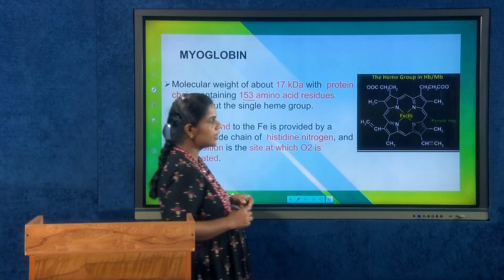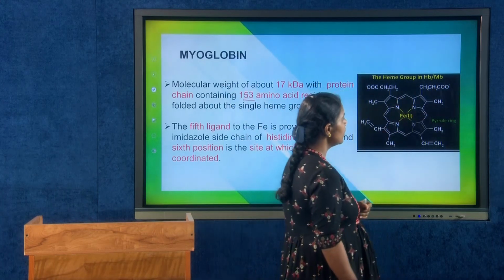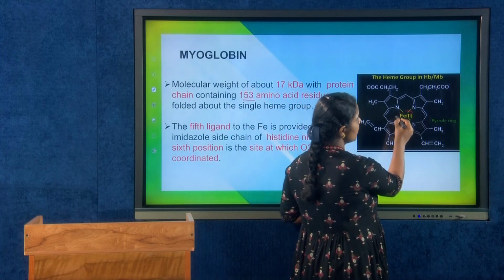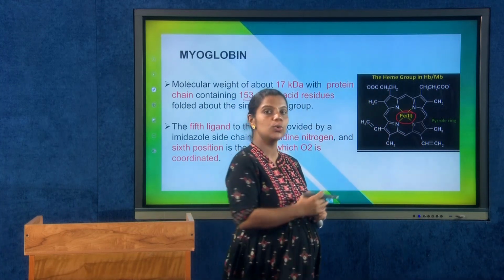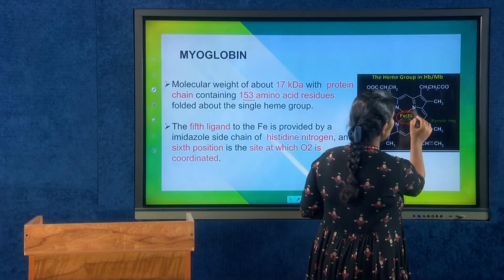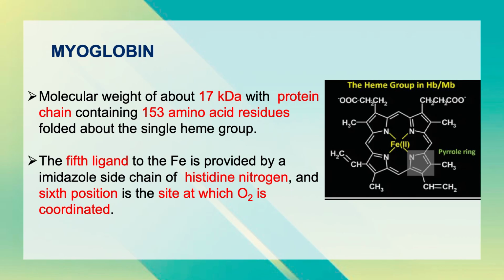Here you can see the porphyrin ring system present in hemoglobin and myoglobin. You can see iron is present in Fe2 plus state and it is bonded to 4 nitrogen atoms of the pyrrole ring system. The 4 pyrrole rings have 4 methyl, 2 vinyl and 2 propionic acid side chains.